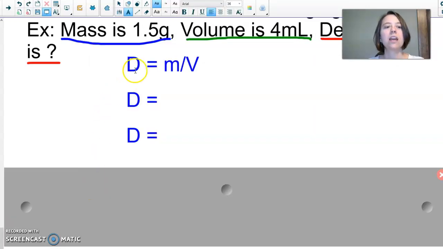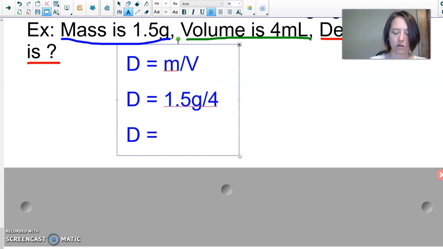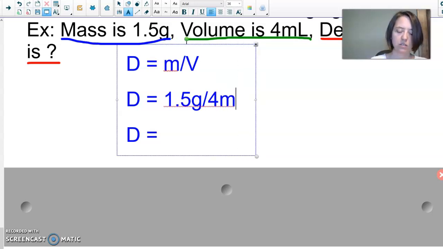So take a moment and write down the equation, D equals m over v, and then we're going to substitute in our numbers. D is our variable, so we'll write that. M is 1.5 grams over volume, which is 4 milliliters.